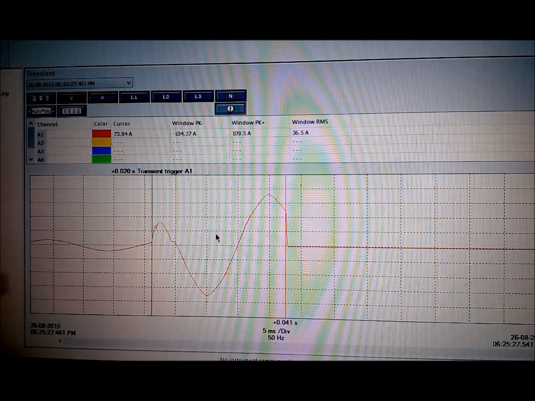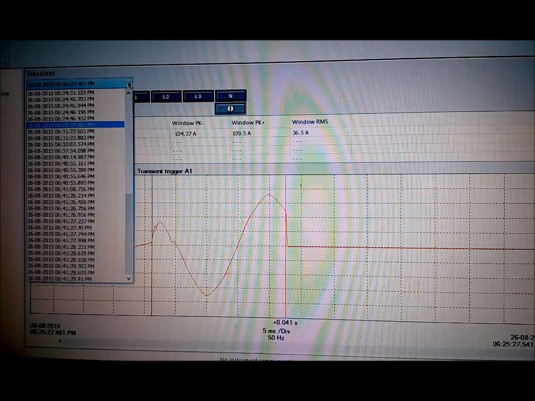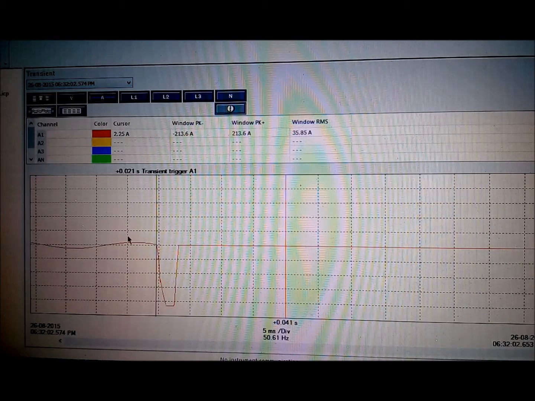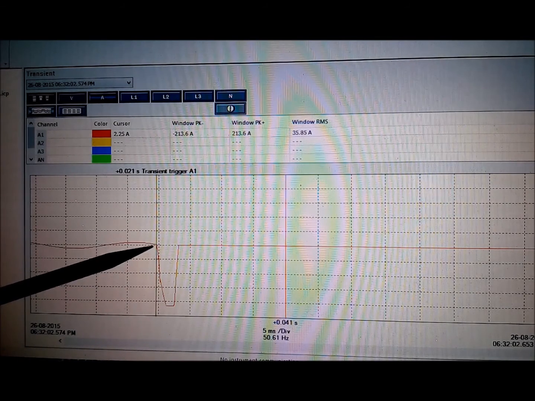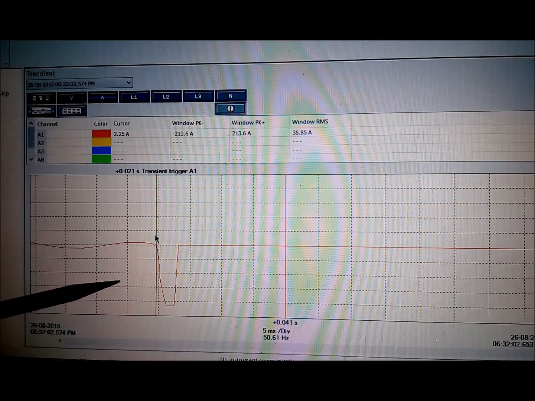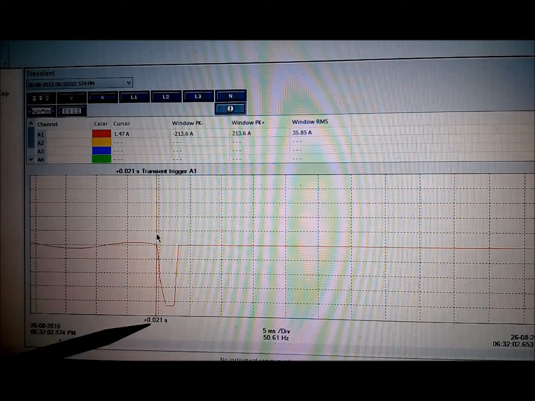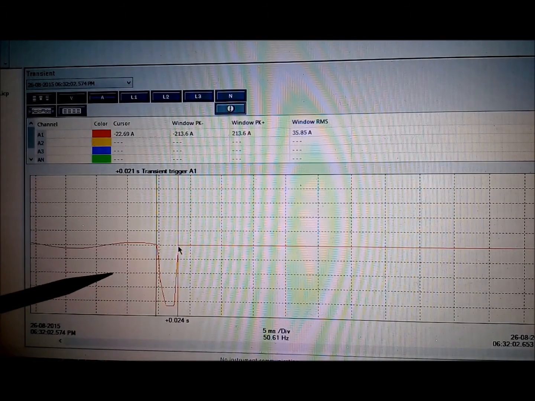Now we'll look at another situation where we increase the fault. Again here the first region had a normal current of 8 amperes. Now you can see this is the time where the fault started, at 21 milliseconds, and this is the time when the fault vanished.